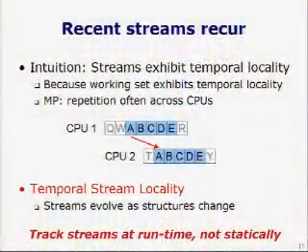So the second key observation that underlies our design for temporal memory streaming is that there's temporal locality in the streams that a program visits. Okay? And why is this the case? Well, because the working set, the data structures that you work with, have some temporal locality. I work with one data structure for a while at some point in a computation, and then I work with another data structure.